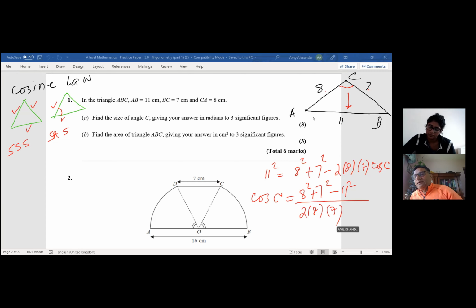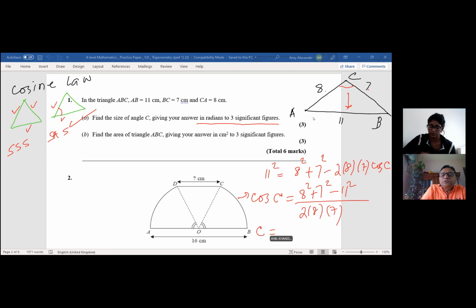So you get the angle C by finding the cos inverse. You could directly get to this step if you remember these formulas, not difficult to remember, of course. And now look at the question. We want the angle in radians, to three significant figures. So convert your calculator to radians and then find the angle C, right?